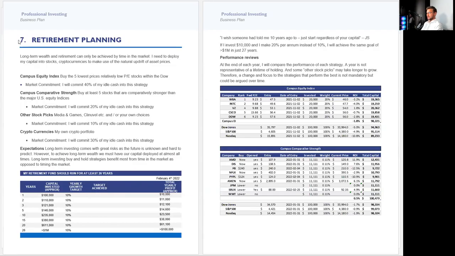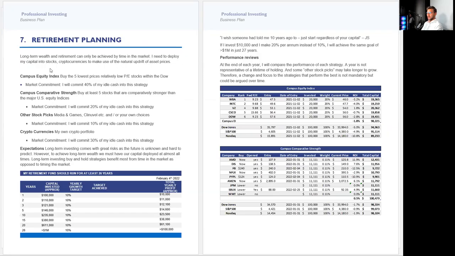And while you have a consistent cash flow in terms of a corporate job, it's very easy to make progress in the market as we follow the market, right? And so long-term wealth and retirement can only be achieved by time in the market, being exposed in the market over time.